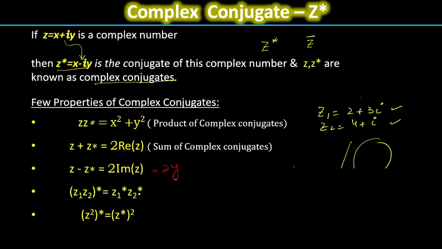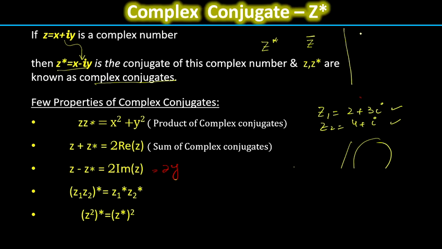If you raise a complex number to any power, here I'm writing square, and then find the conjugate, and if you instead conjugate the complex number and then square it, you get the same result. You want me to solve an example for you? Okay. Please see here.